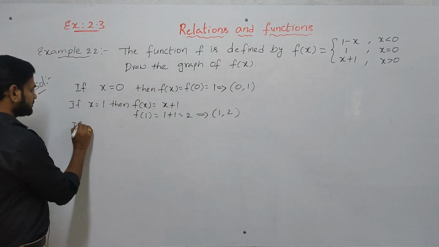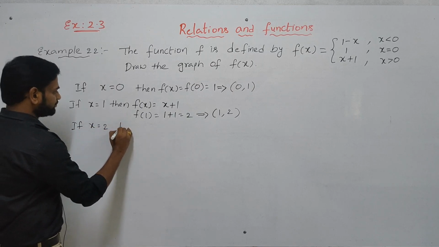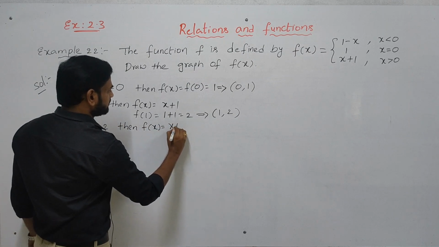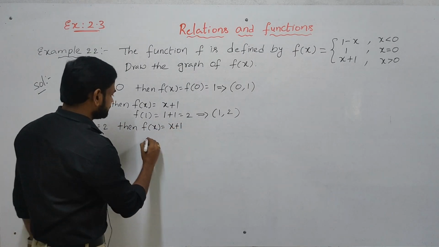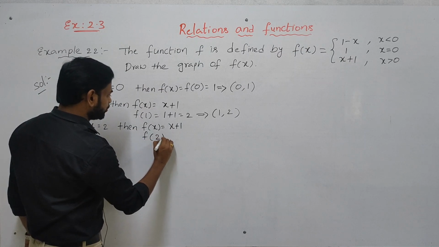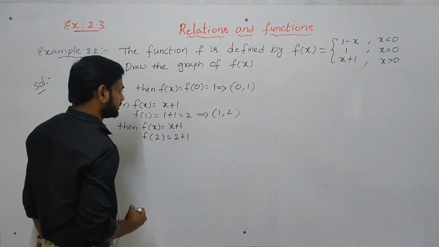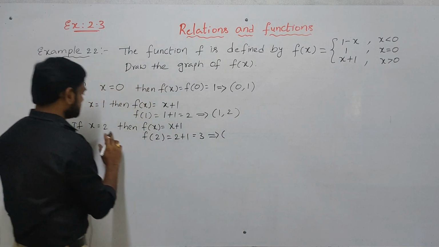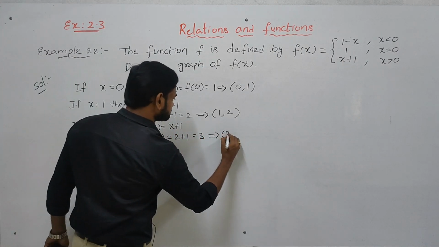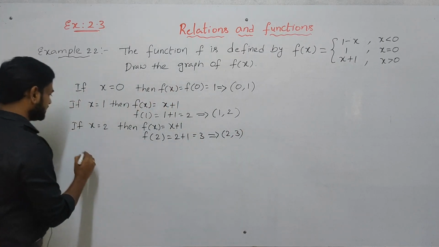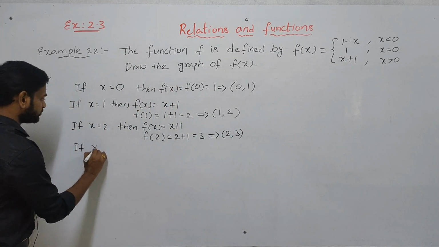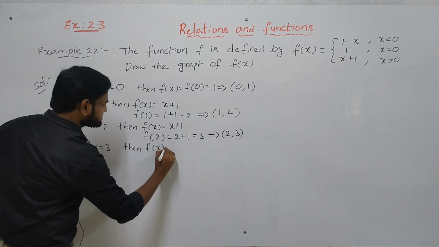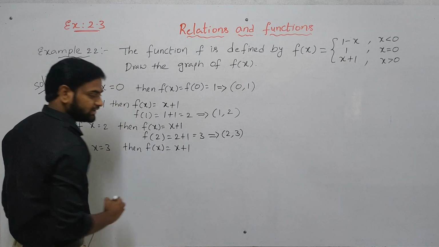Next, if x value is 2, then same function we have to take for all positive values. So f of 2 is equal to 2 plus 1, that is 3. That implies the point is 2 comma 3. Next, if x equal to 3, then f of x equal to same x plus 1 only.